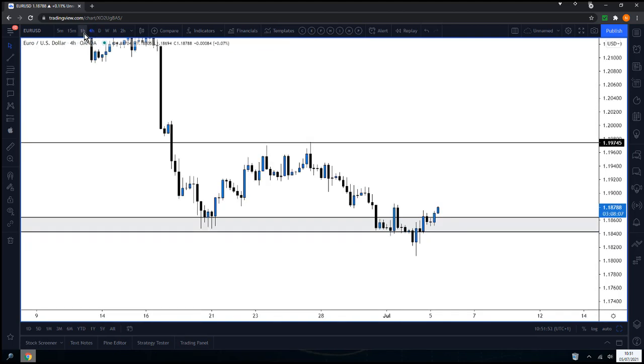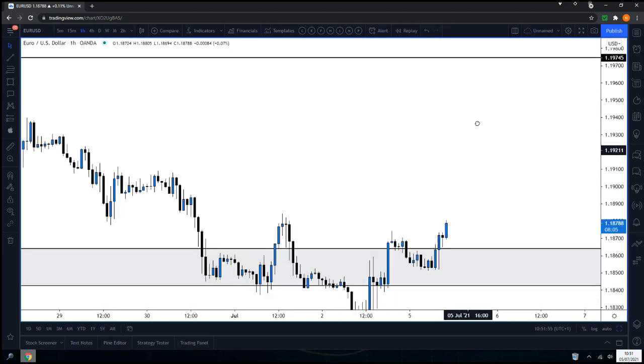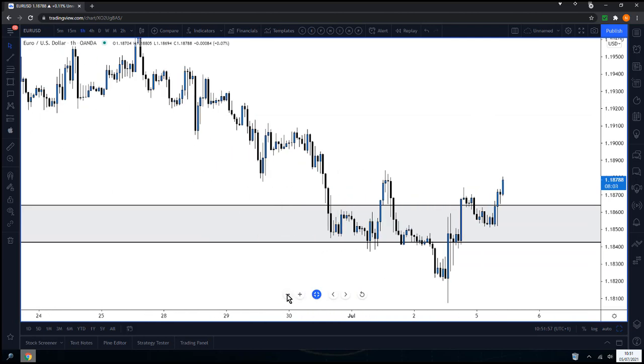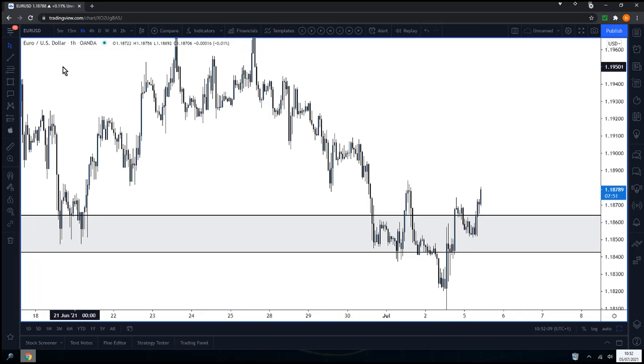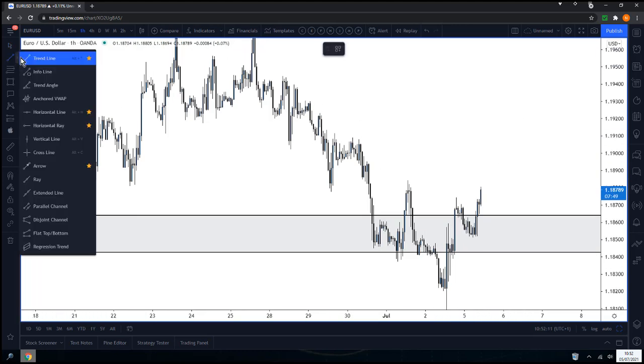We can have a little look on the hourly chart to see what that is looking like. Okay, so I can see this low here, a lower low. Is this the first higher low? Potentially. So there is a key high here on H1.